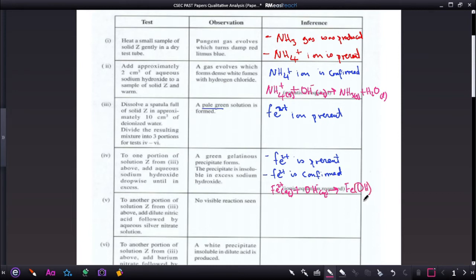And since it's the 2+ oxidation state, the 2 goes outside the bracket of the hydroxide ion and you put your solid. So that is how you know what the state symbols are.